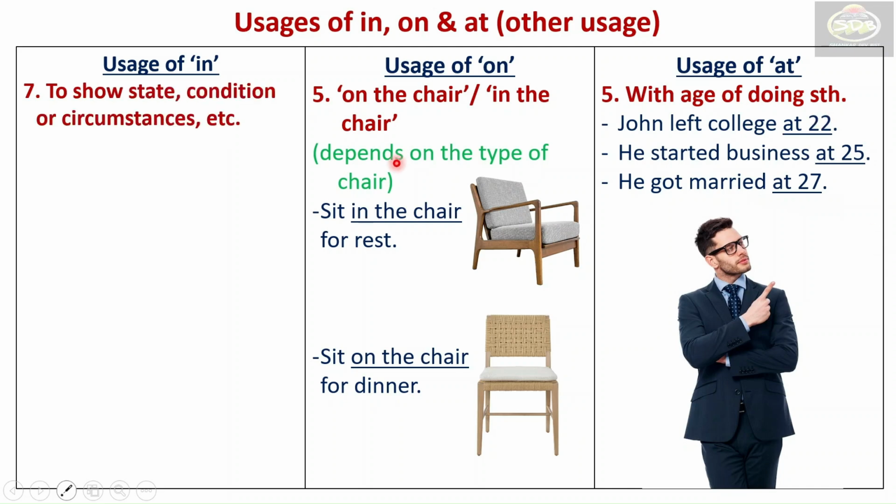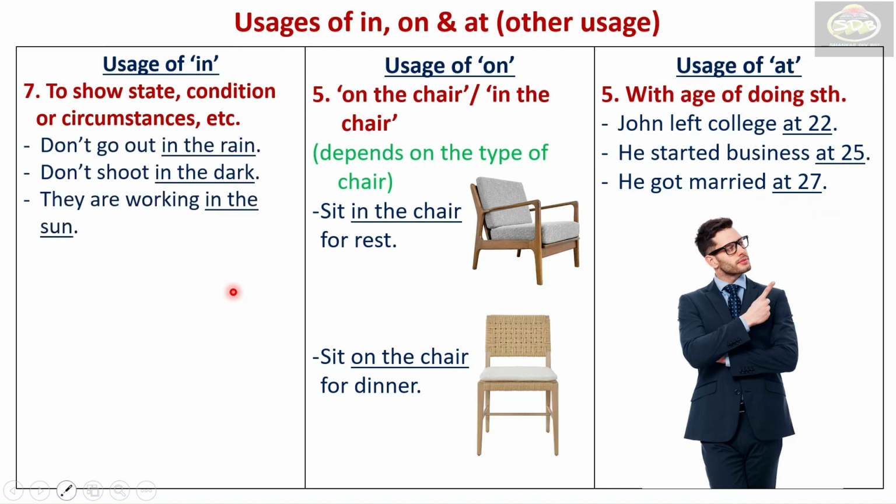Another one is to show state, condition or circumstances. If we have to indicate some condition or circumstances or situations, we use in. Examples: don't go out in the rain. In the situations when it is raining, don't go out.